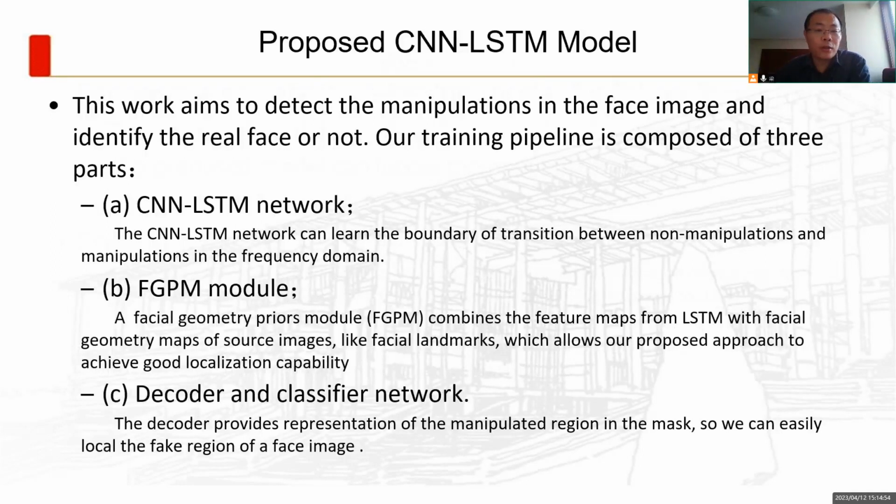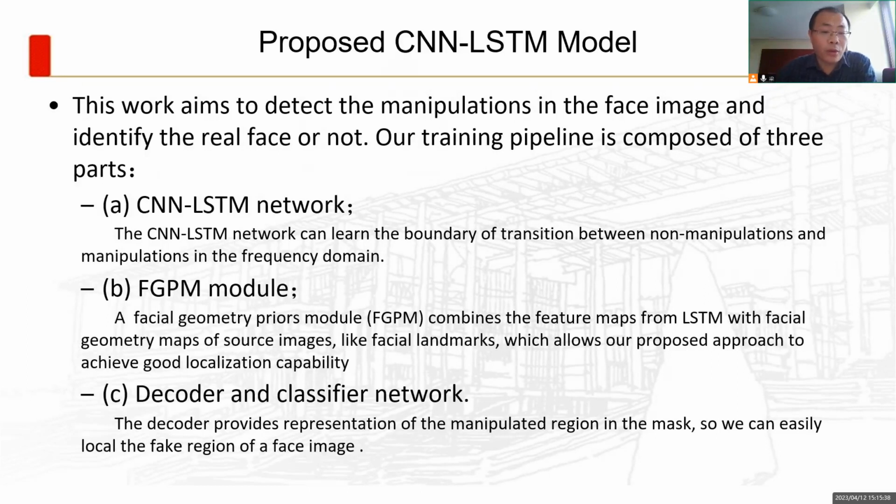Our study aimed to detect the manipulation in the face images and identify whether the face is real or not. Our proposed model is composed of three parts. First part is the CNN-LSTM network. Second part is the FGPM model. Here, the FGPM means facial geometry prior models. And third part is decoder and classifier networks.